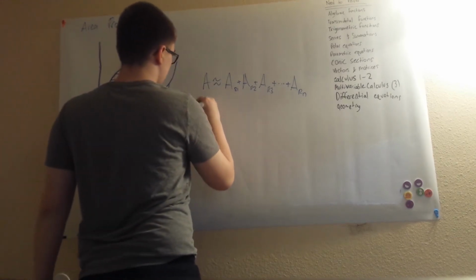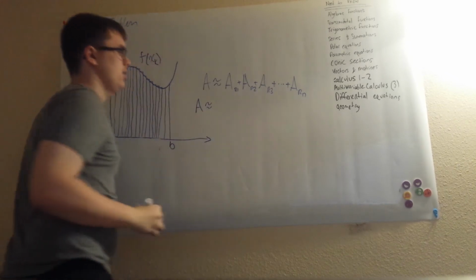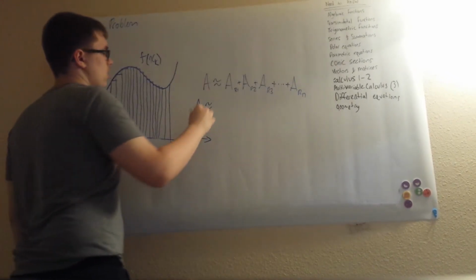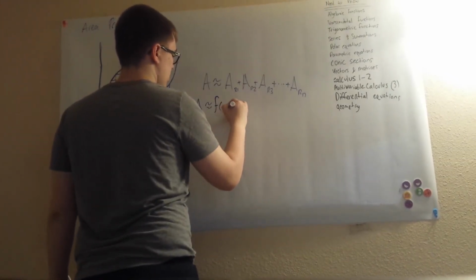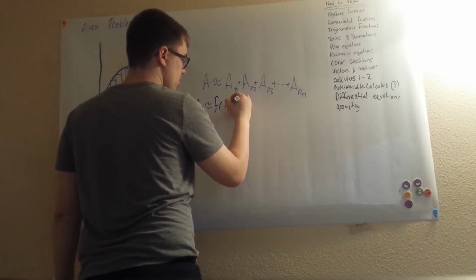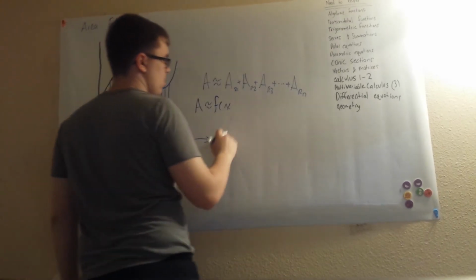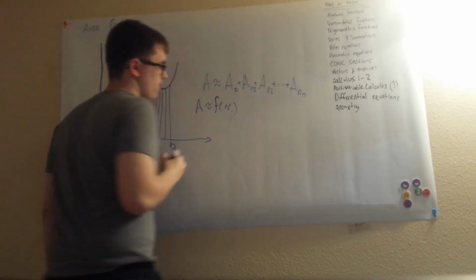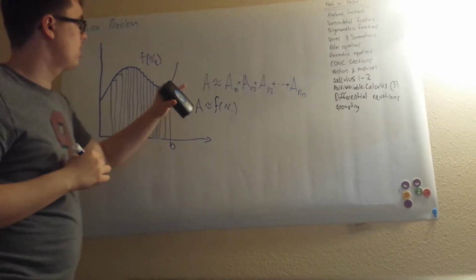So we can say that the area is approximately equal to the height of the function at the first rectangle's x position.